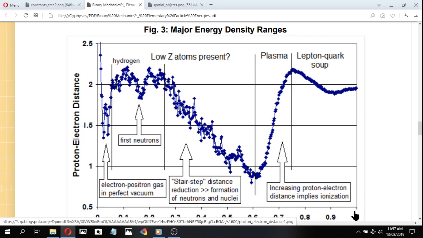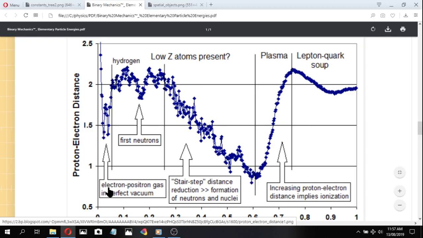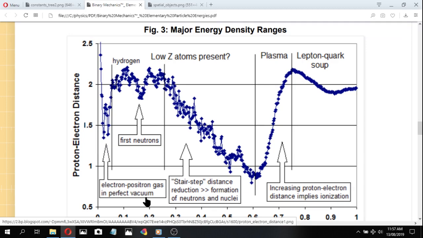By the way, in physics, this is a whole new concept. Now, if we then plot the distance between the bits in the proton bit cycle and those in the electron bit cycle, we have this remarkable curve, okay? Where at this lower range, it appears we have an electron-positron gas in perfect vacuum.